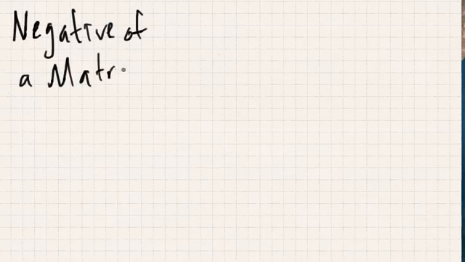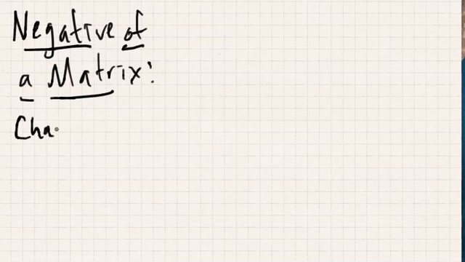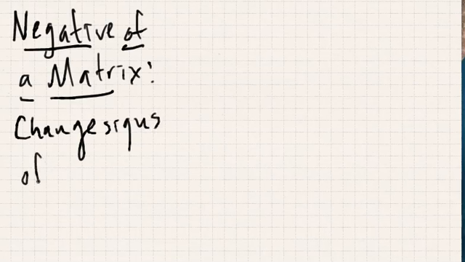Just as we can talk about the negative of a number, we have the negative of a matrix. To get the negative of a matrix, all I do is change the signs of all entries. That's it.